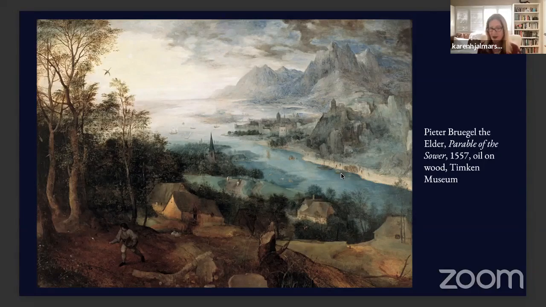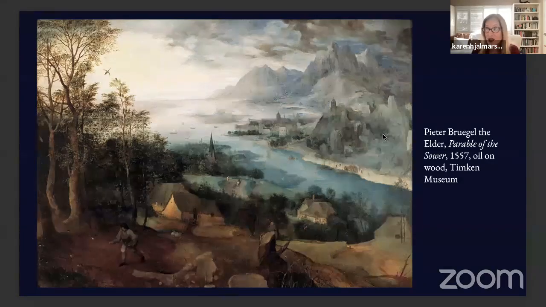Now, I want to point out a couple of very interesting things. Of course, the importance of the church in this time period. We have a farmer, these beautiful trees, this magnificent landscape, foreground, middle ground, background. There's a little bit of humor to me in this, because Pieter Brueghel the Elder did not have Alps or mountains in the region he came from, because, as you know, the Low Countries, Holland and Belgium, and parts of Luxembourg and a little bit of France, did not have mountain ranges.